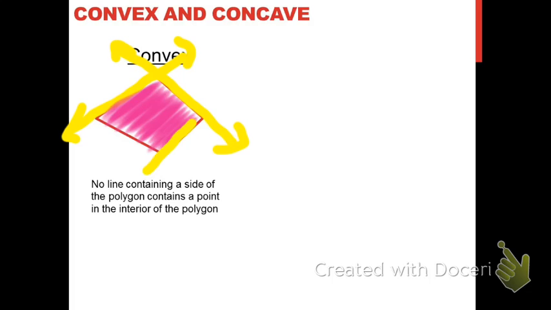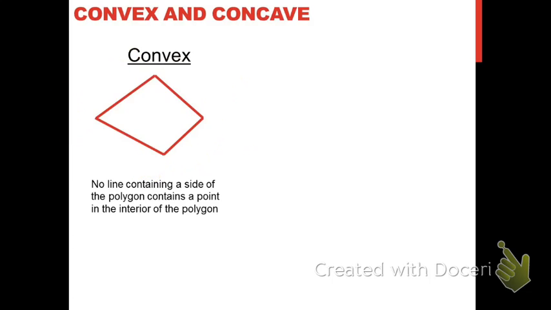If you extend any side of this polygon, none of them intersect the interior of the figure. Alright, so that's convex. And just kind of related to what I said about the lens a moment ago, it looks like in a convex polygon that everything is kind of poking outwards. There's no sides that are caving in.